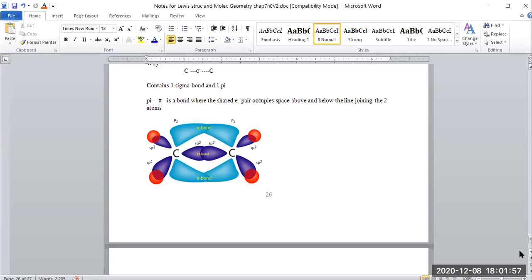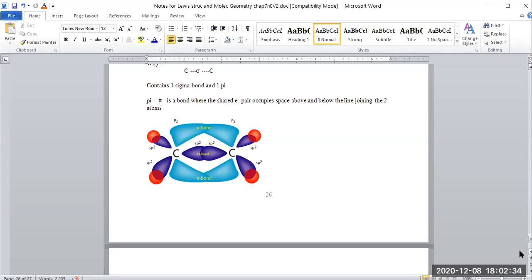Now, having taught high schoolers, both in public school and a bunch of homeschoolers, over the years, I've had a couple of different students tell me, it looks like a hot dog on a bun. So think about it that way, okay? Your bun, hopefully, has 2 halves so that your hot dog, your sigma bond, can lay in the middle of the 2 halves of your hot dog bun. The same mental image crops up for this.